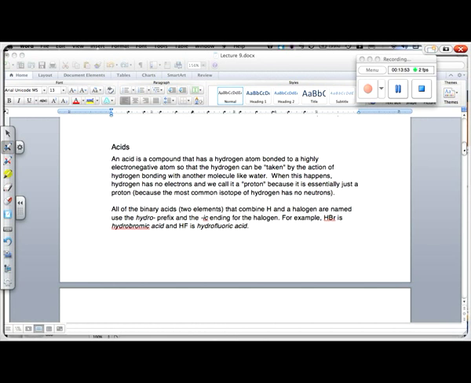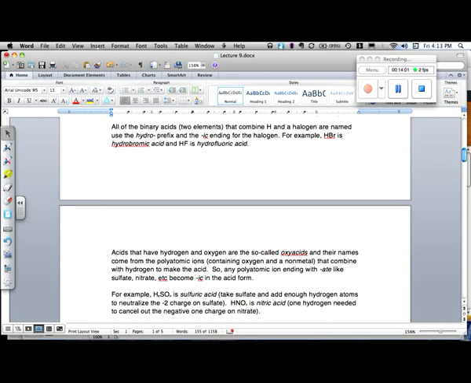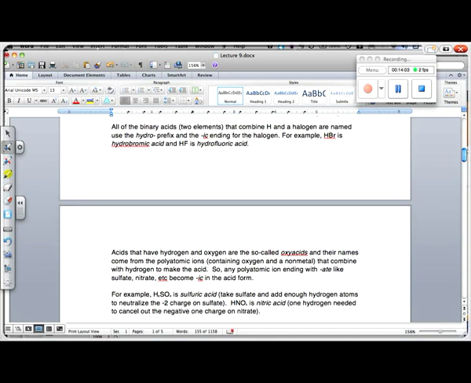All right, we have a couple of different kinds of acids. We have binary acids and we have oxyacids. Binary means 2 elements. The most common binary acids are those combined with the halogens or with sulfur. So when it's just 2 elements, we use this hydro prefix, and it ends in -ic.